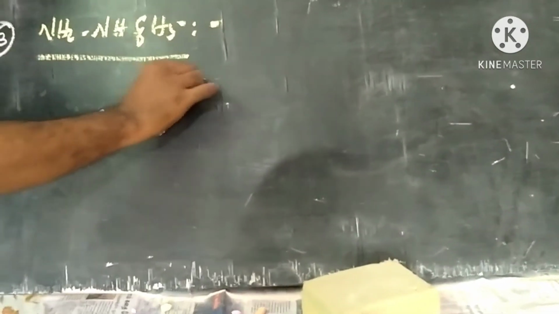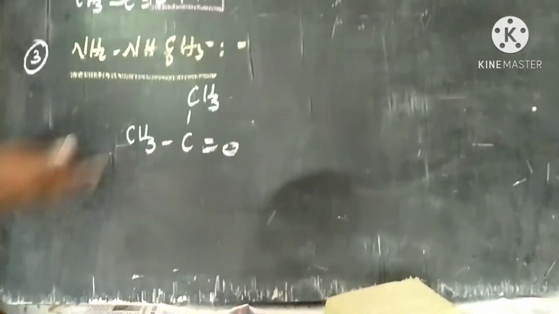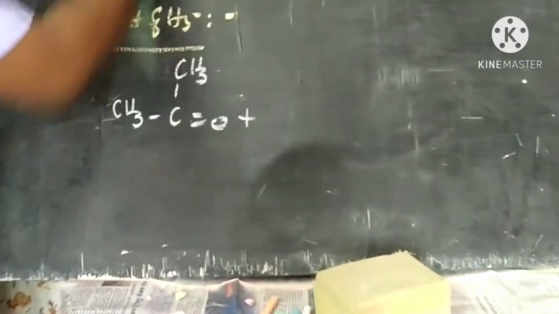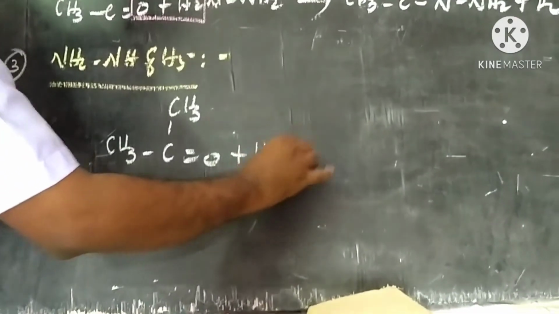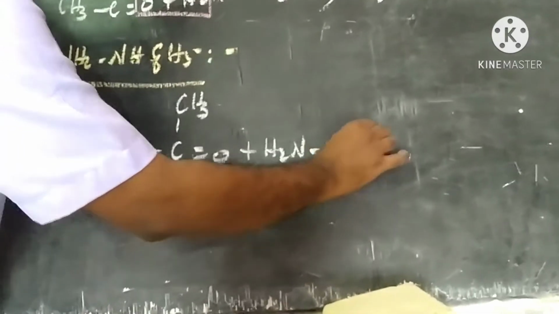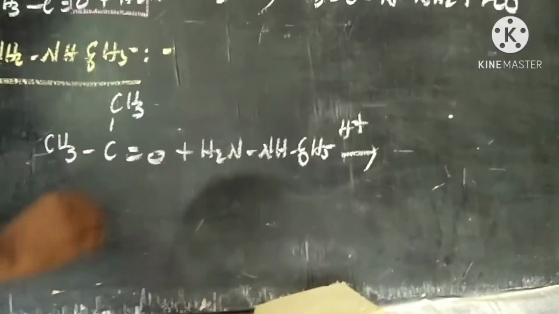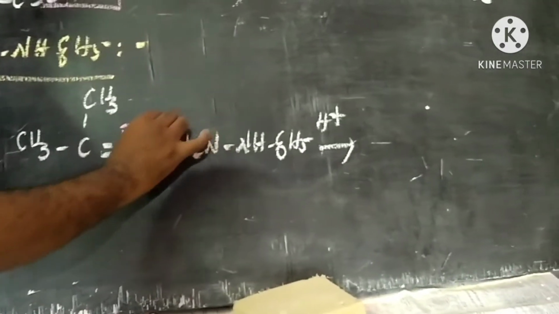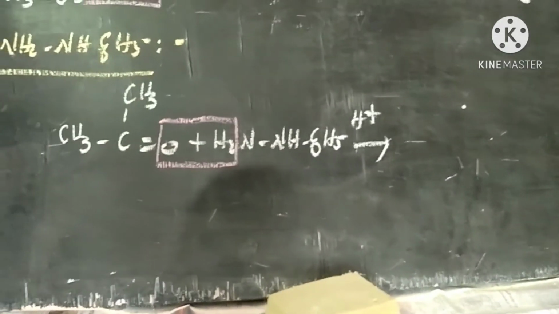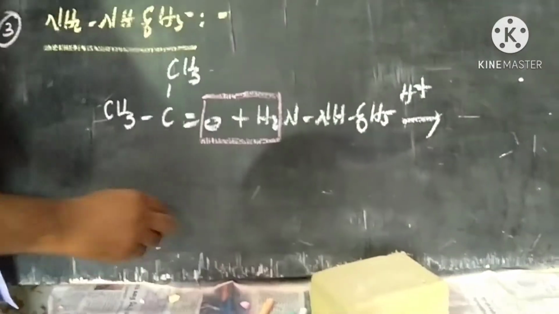CH3 CO CH3. The same method will be there. Plus NH2 NH C6H5 plus H plus. The same water molecule we remove.